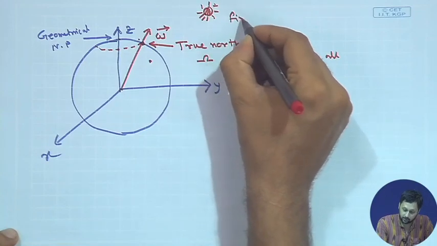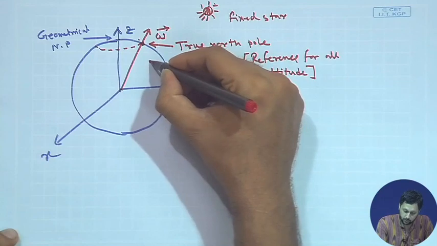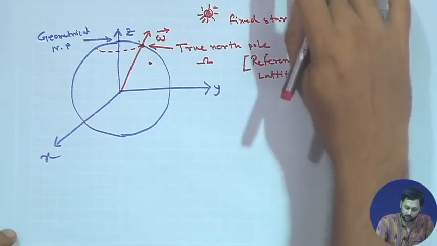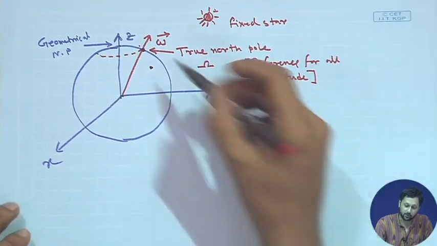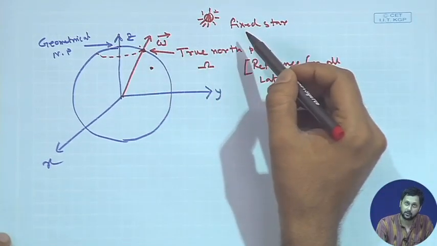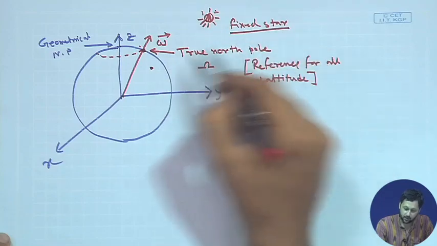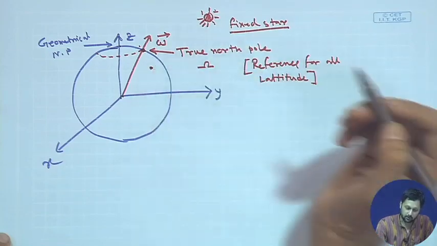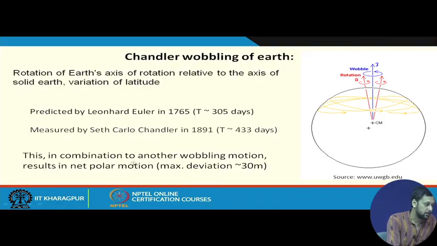So, let us say this is my fixed star, and if I try to measure the latitude, there are ways of doing it. Even in ancient days, there were pretty accurate instruments by which you can measure the latitude. So, if we measure this with respect to a fixed star, that will give you a variation of the north pole, right. It turned out his measurements were pretty accurate, and he measured a period of 433 days.